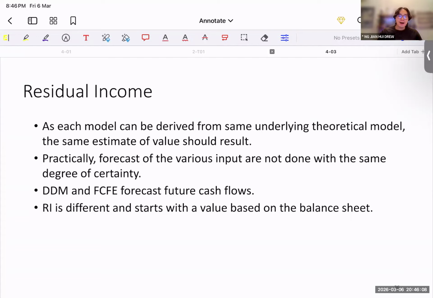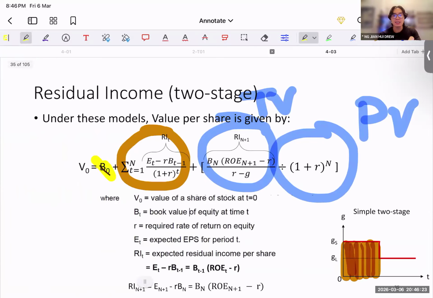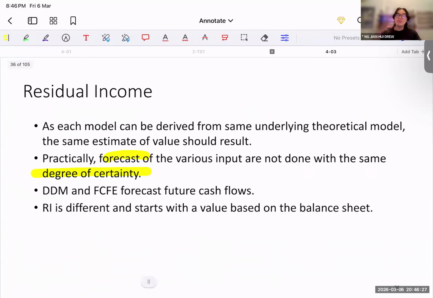Okay. However, the inputs are forecast with different degrees of certainty, right? Because our residual income starts off with the book value of equity, BV, which is this thing here. So there's a degree of certainty on that. Unlike your free cash flow model where you forecast your terminal value.